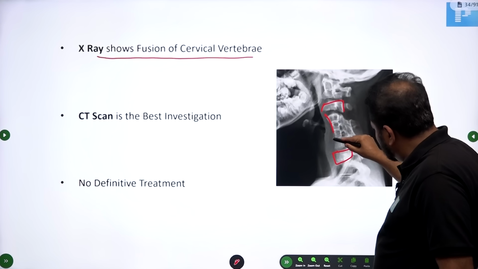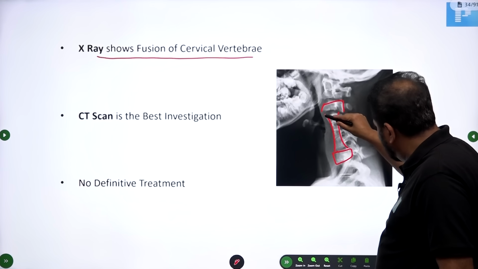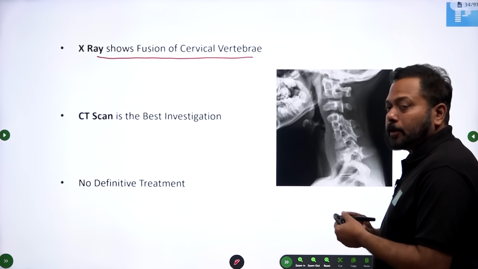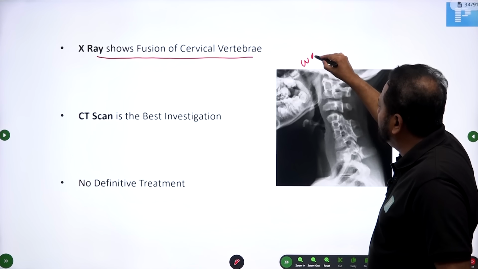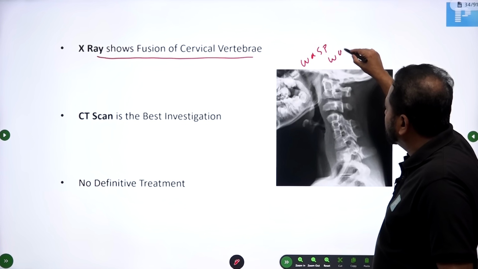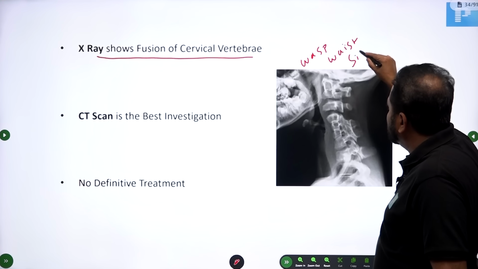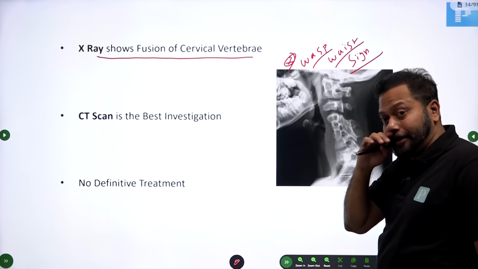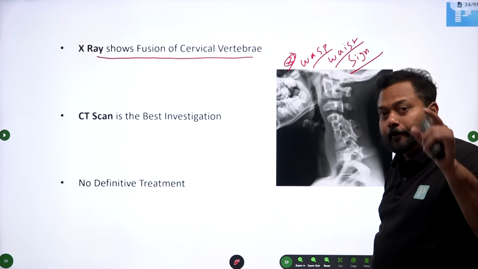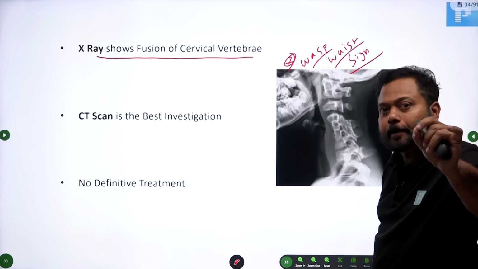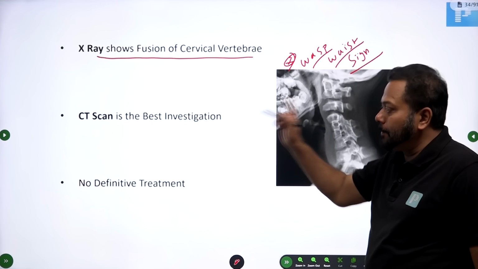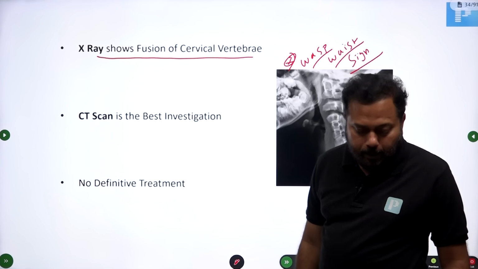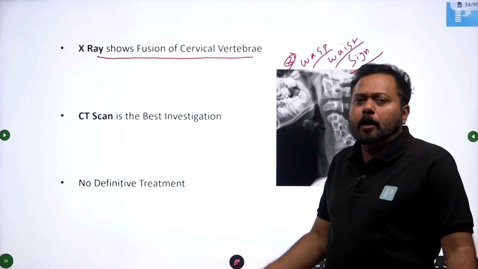In between, the fused vertebra is narrow. Doesn't it look like somebody's waist? So this is called the wasp waist sign. So far unasked in any Indian entrance, so this may be a new question. Wasp waist sign of cervical vertebra, the diagnosis is Klippel-Feil syndrome. CT scan is the best investigation, and there is no definitive treatment for Klippel-Feil syndrome. Except for cosmetic reasons, it's a harmless condition.